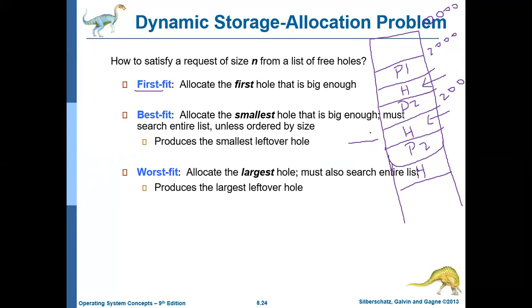That is what first fit says. Browse through all the holes, starting from the beginning location, and whichever first hole you find that is big enough to fit this process, allocate that hole for that particular process. That's it.